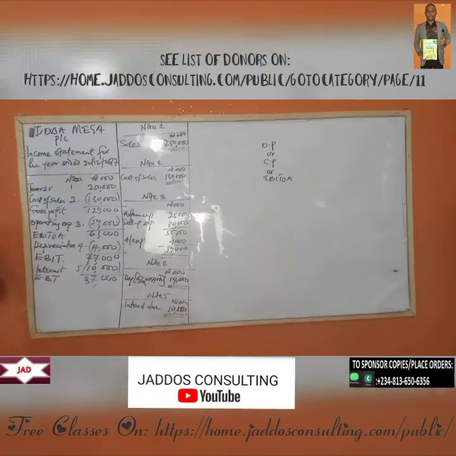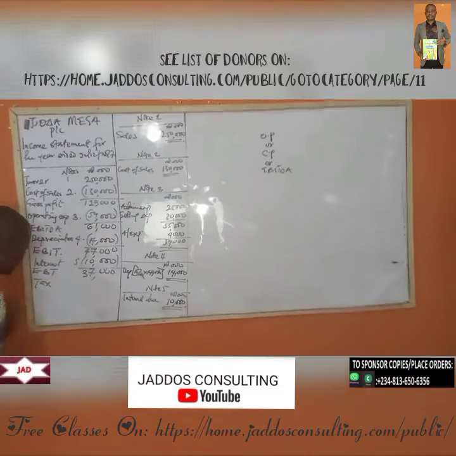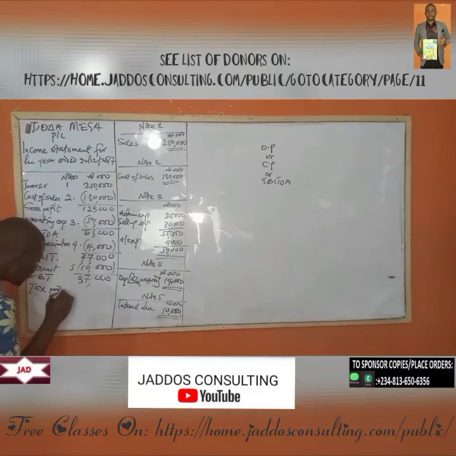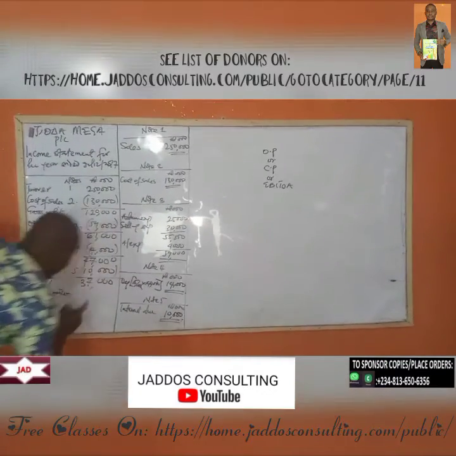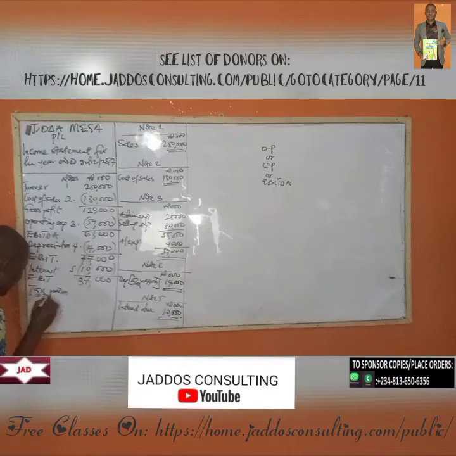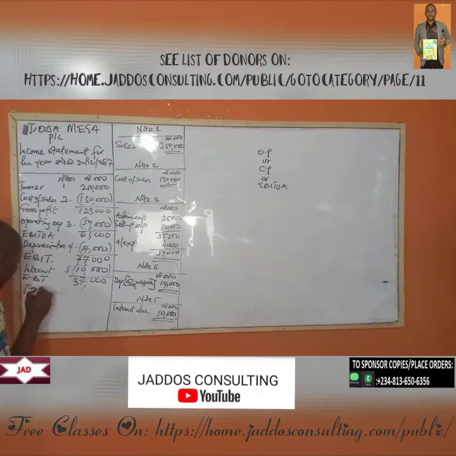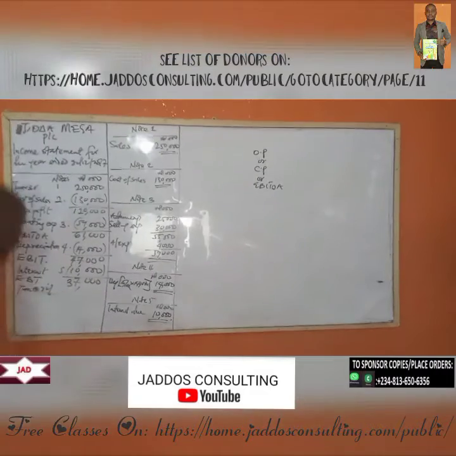So now we introduce our tax. So what's the tax provision now? Of course, that's at 32%. So we have tax at 32%. So what do you have?